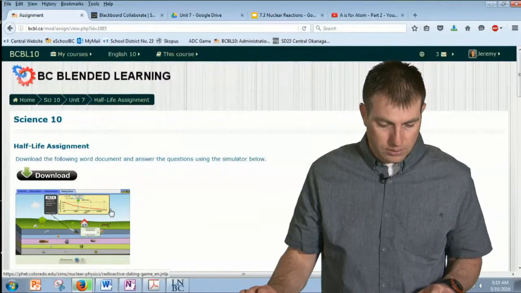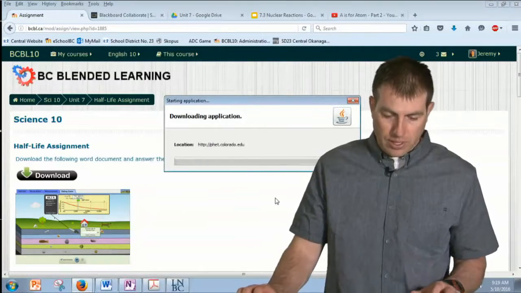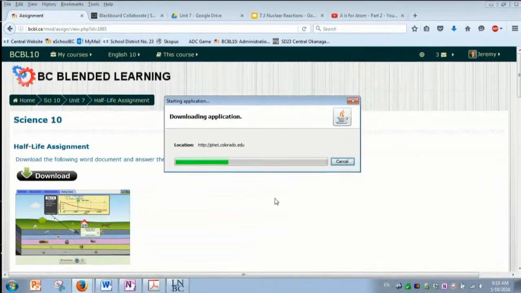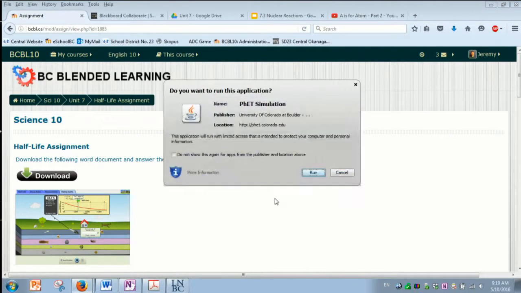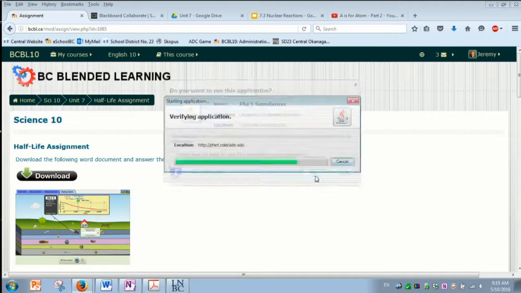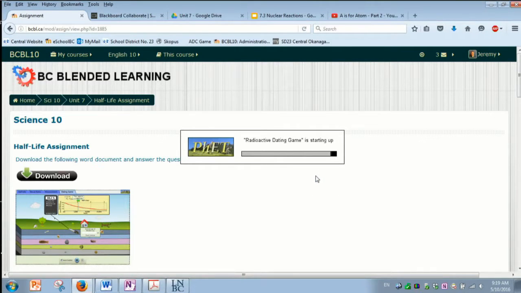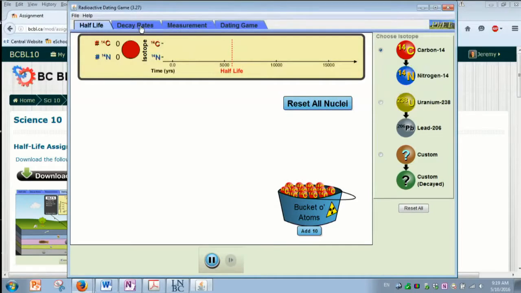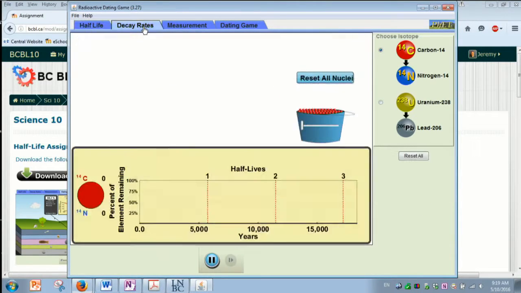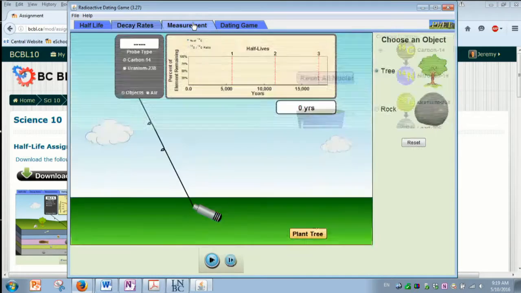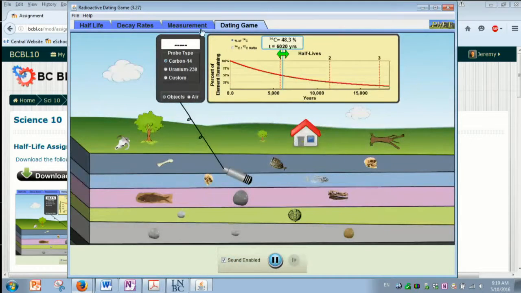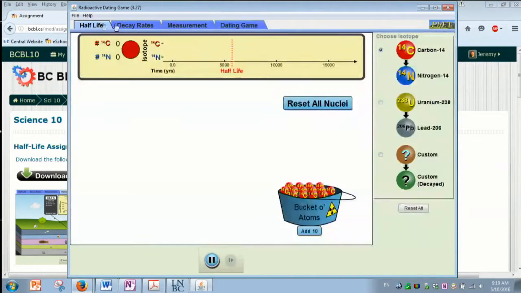So let's see if I can run this. All right, so where is the unknown element?